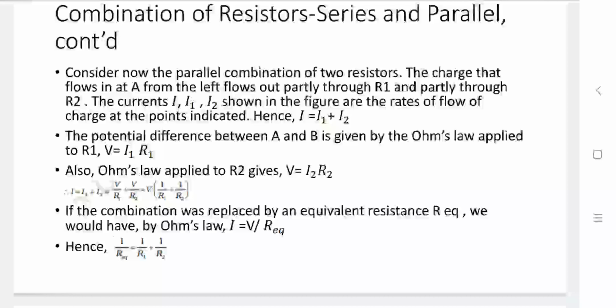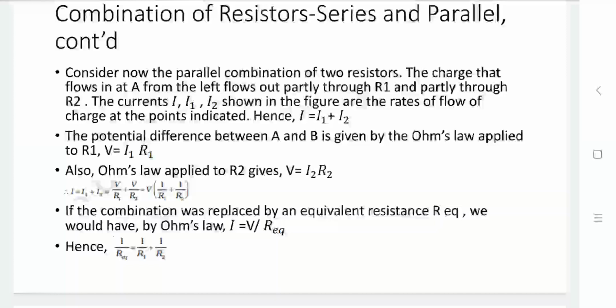But when we measure the potential difference between A and B, V equals I1 R1 for resistor R1 and V equals I2 R2 for resistor R2. So we understand that in parallel the potential difference remains the same but the current is divided. So I equals I1 plus I2.